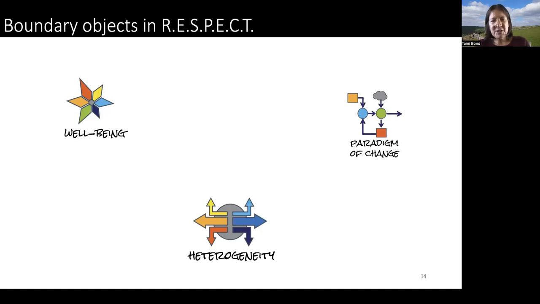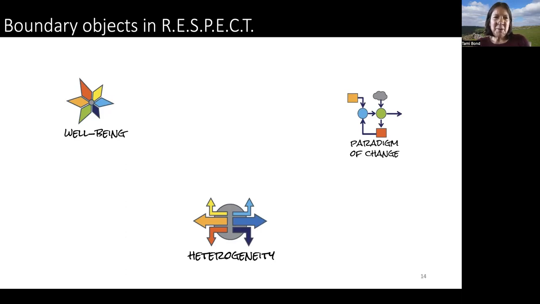There are a couple of other boundary objects in Respect. One is heterogeneity. So that is, how do things differ? If we were to chop things up or chop people up into different categories and divide them, what would those categories be? And then there's another one that's called the paradigm of change.